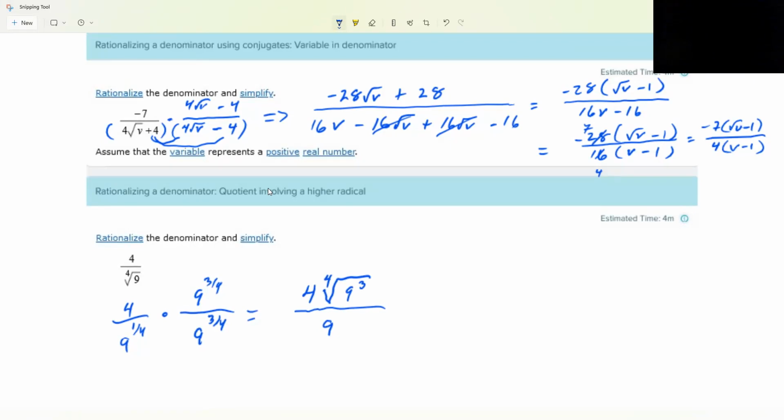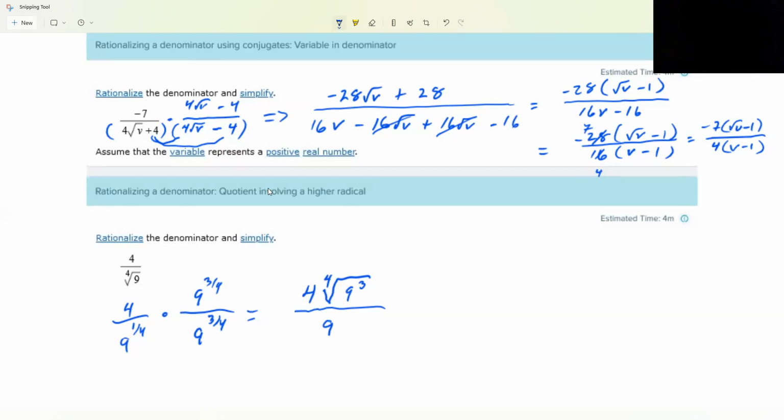Another way you could have looked at it, and I'll flip back and forth between fractional exponents and radicals. It really just depends on what I feel like doing.